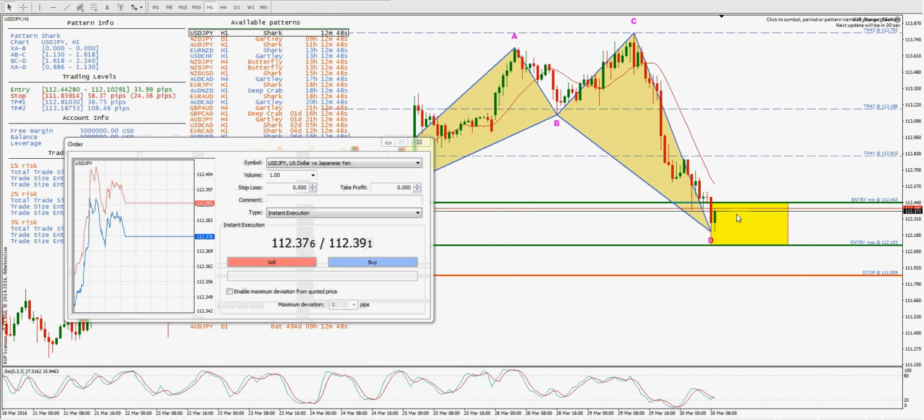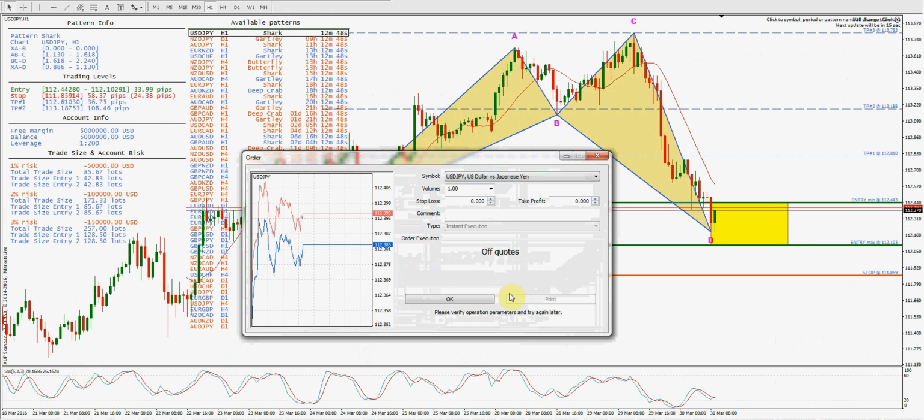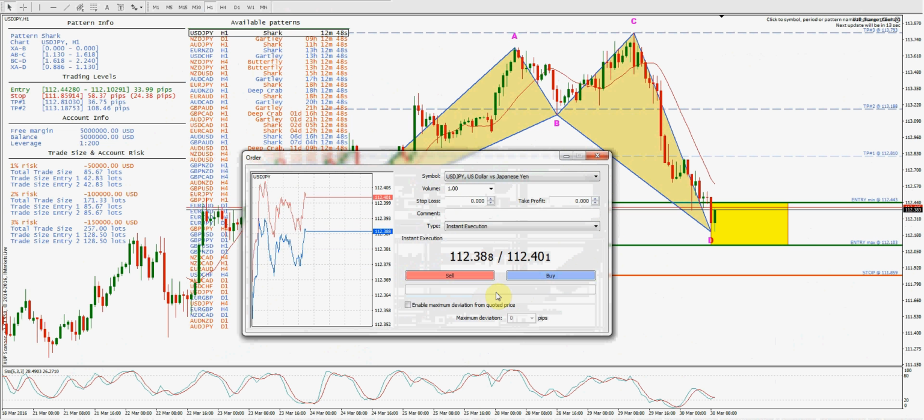All right, folks, I've tried to buy this a couple of times. This is an FXCM demo account, which is what they require. And for some reason, it's not letting me do anything. Man, that's disappointing.